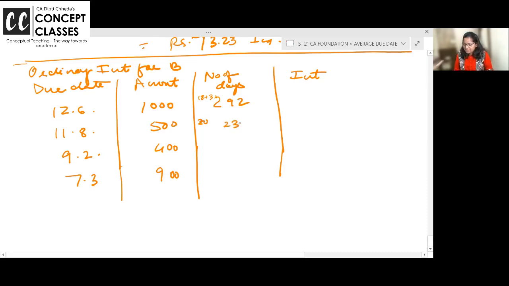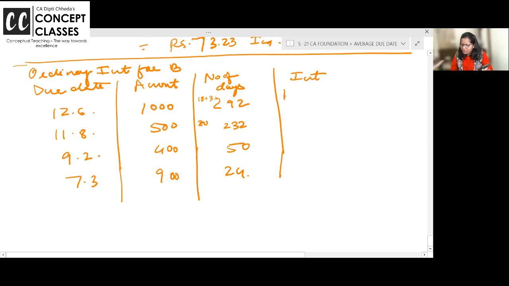Now 9th of February. So 28 minus 9, 19 days of February and 31 days of March, 50. 7th of March. So 31 minus 7, only 24 days interest you have to calculate.